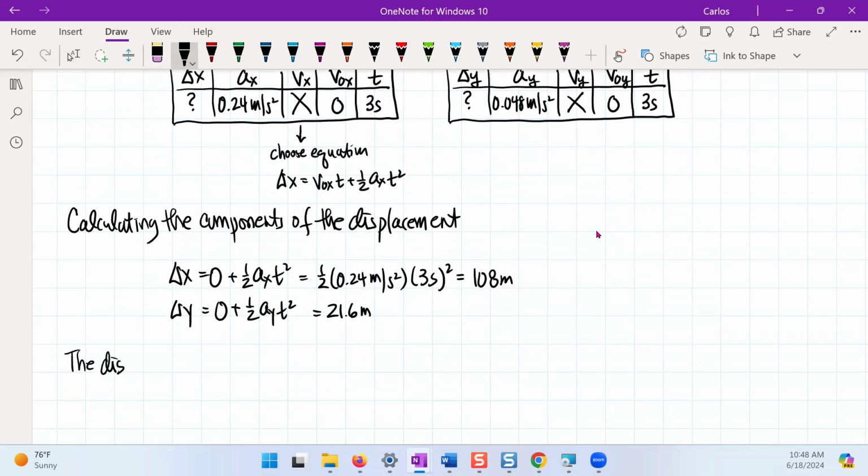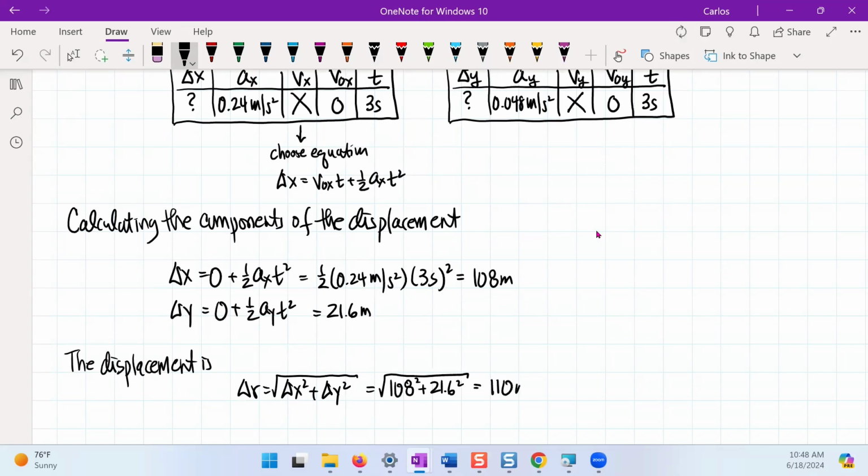The displacement is then given by delta r, which is the square root of the sum of the squares. So if I enter this, that's the square root of 108 squared plus 21.6 squared, and if my numbers are clean, it's going to be about 110 meters.